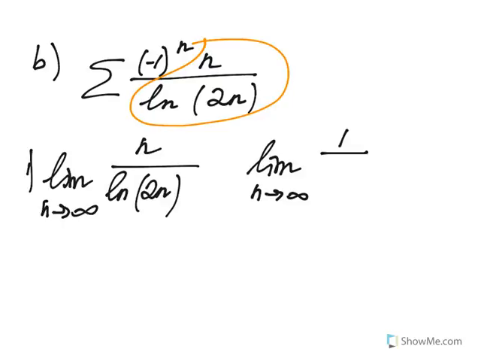Take the derivative of ln 2n, you get 1 over 2n times the derivative of 2n, which is 2. And you flip it, that becomes n. When n gets bigger and bigger, the value of this approaches infinity, so you stop there. We have a series that diverges.